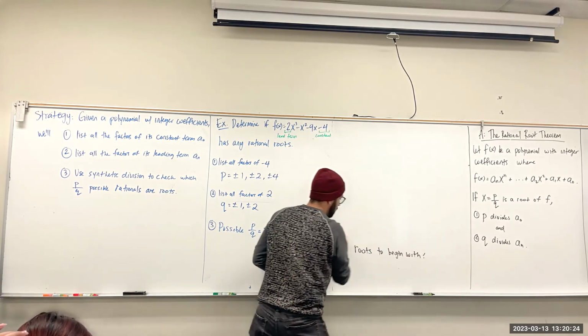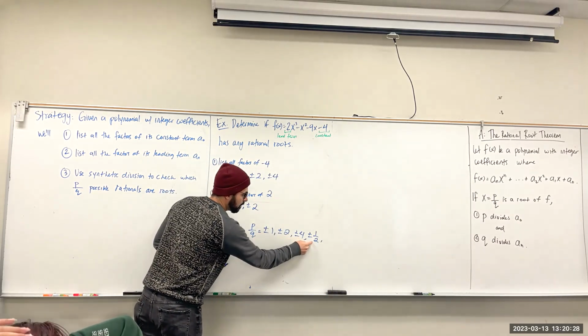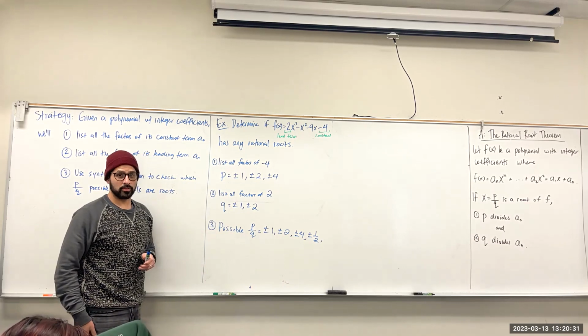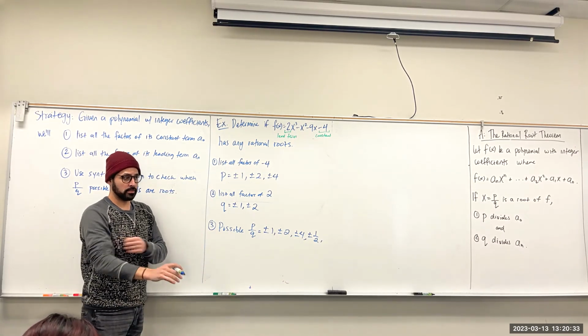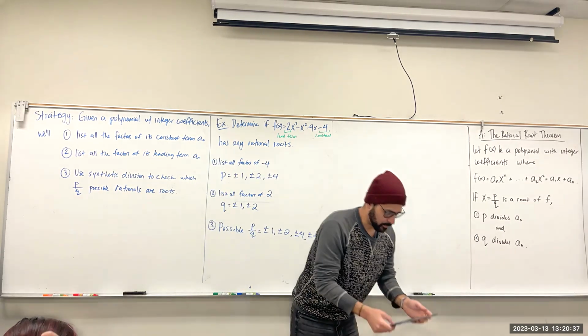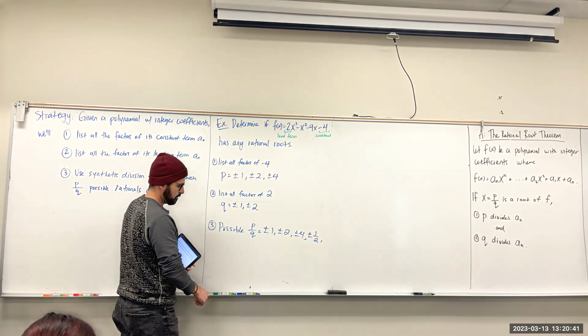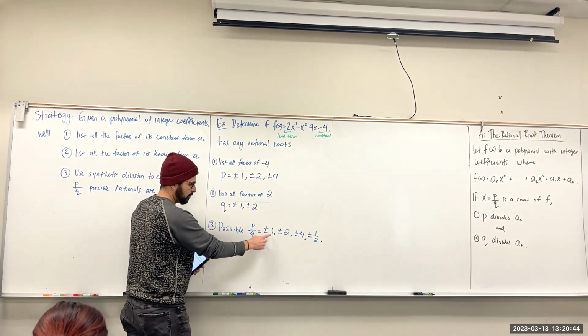Synthetic division to figure out which of these 1, 2, 3, 4, 5, 6, 7, 8 is a root. Possible option. Okay, so let's start with one of them. Which one do you want to start with? One, let's start with one.